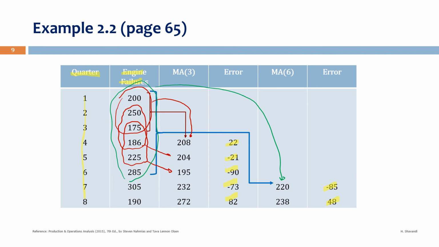If we have historical data, the time series of the past periods, then we can try different moving averages, 3, 6, 4, 5, or any other number, and see which one actually provides a better result by comparing the error measures, one of those, or all three measures that we have in this chapter.